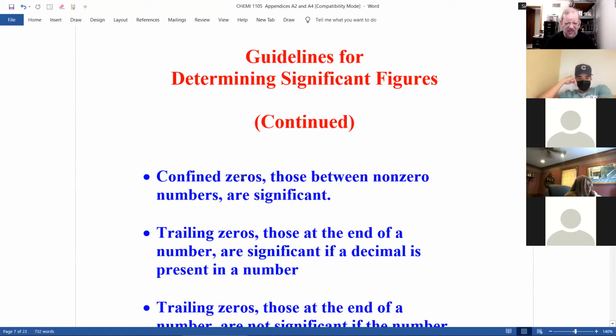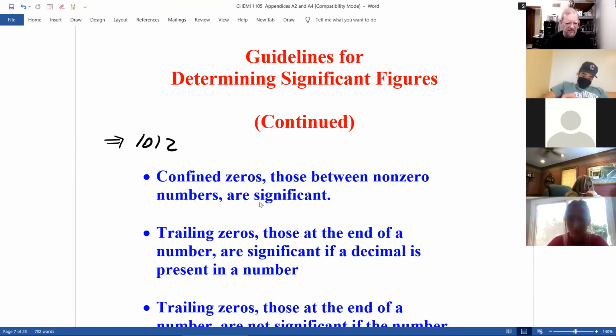Confined zeros, those zeros between non-zero numbers, are significant. If we look at this number, the question is, how many significant figures are there? All non-zero numbers are significant. 1, 2, 3. Oh, look, we have a 0.